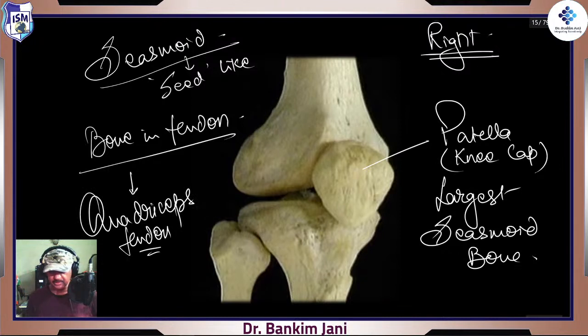And what's the function of such bones? Such bones give mechanical advantage. Sometimes they change the direction of the tendon so that the pull, that action, would be in a different plane, and at the same time they act like a cushion.